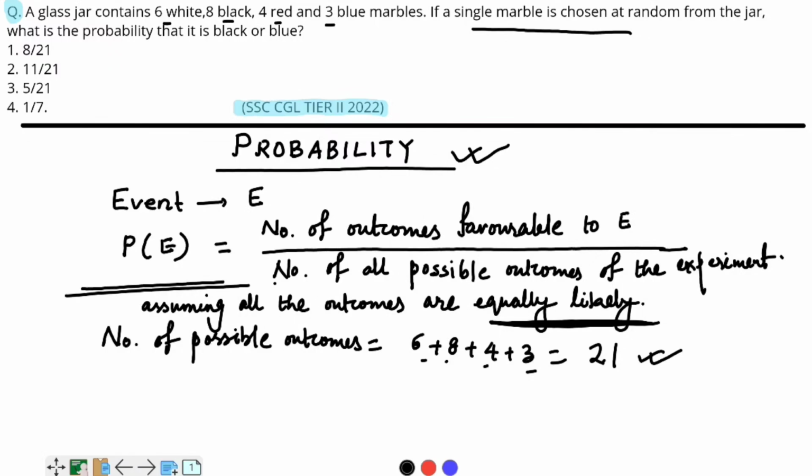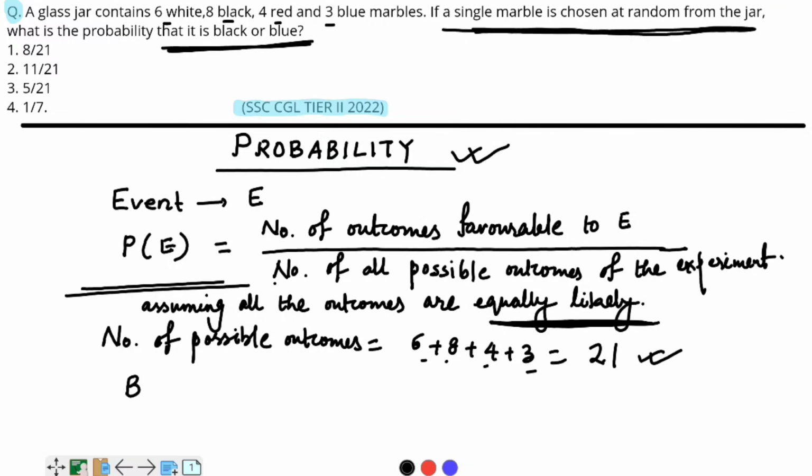Now we have to find the number of outcomes favorable to this particular event. So here the event is that a single marble is chosen at random from the jar. What is the probability that it is black or blue? So the event is the probability of black or blue. First, let us take black, B for black.